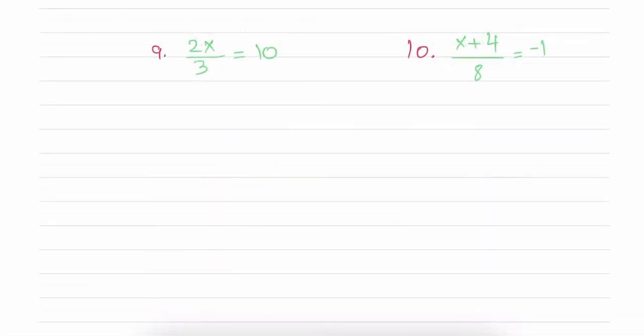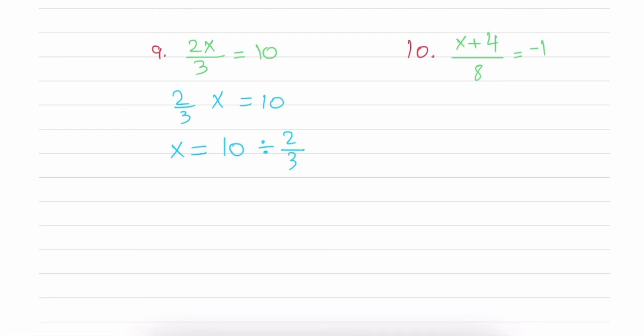In question 9, we have 2x over 3 equals 10. This means I have 2 over 3 times x equals 10, which means I have to divide by 2 over 3, so x equals 10 divided by 2 over 3.